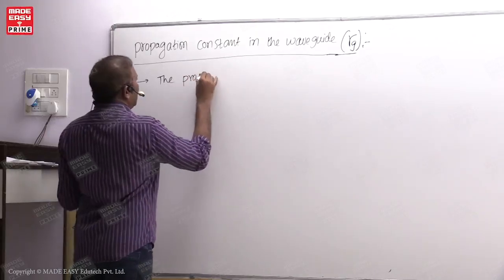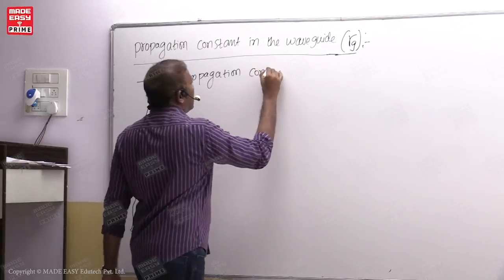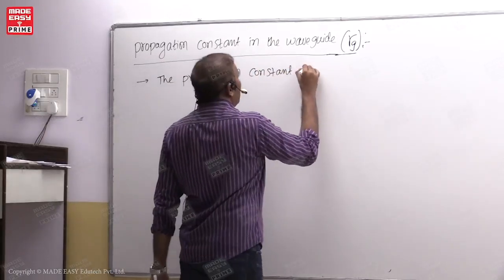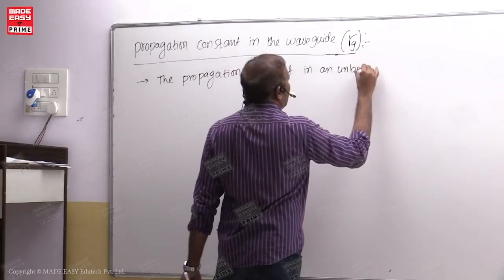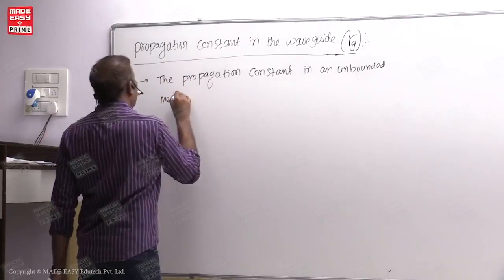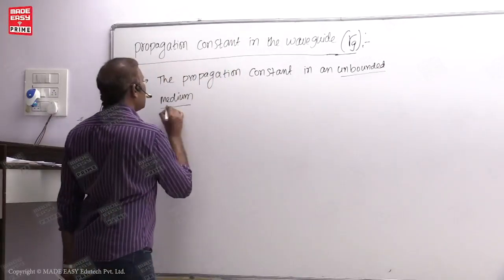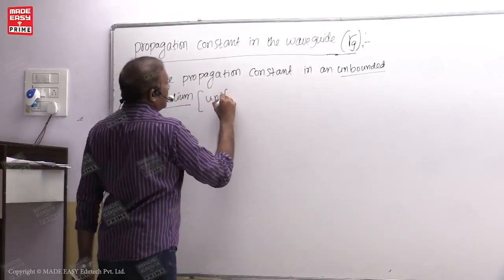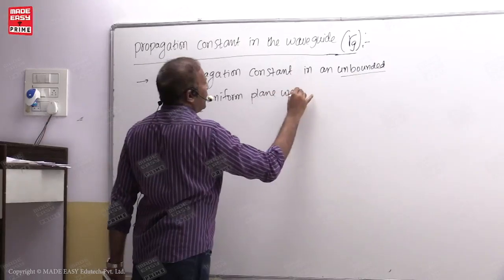The propagation constant in an unbounded medium. Unbounded medium means, dear students, uniform plane wave only.